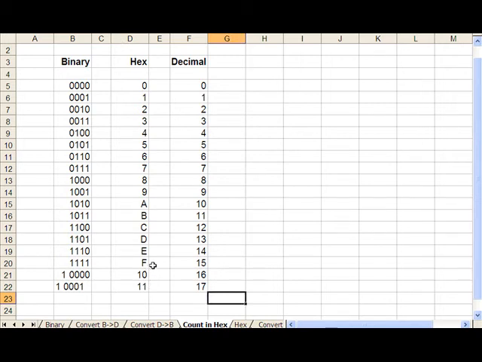We have 16 different symbols because it's base 16, and we've added the symbols A through F. The reason that we use hex is because 4 binary places translate into one hex place. So it isn't a coincidence that 1111 is the largest value we can represent in 4 bits, and that's also the largest value we can represent in 1 hex place, which is the character F.